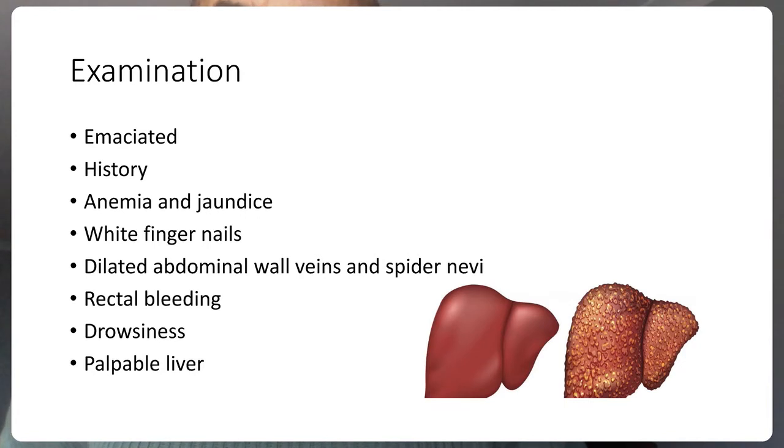Examination of the abdomen will reveal to us whether there is any mass in the liver, also if the liver is enlarged, and in particular we look for dilated veins on the abdominal wall, and we ask them whether they have got excessive rectal bleeding, because some of them will develop rectal varices in a way similar to the esophageal varices.